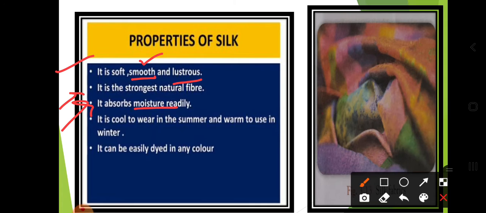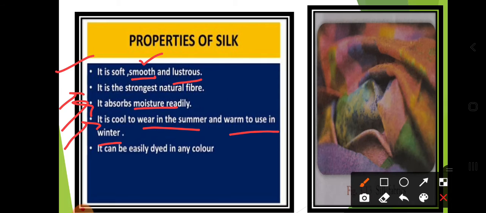It is cool to wear in the summer and warm to use in the winter.